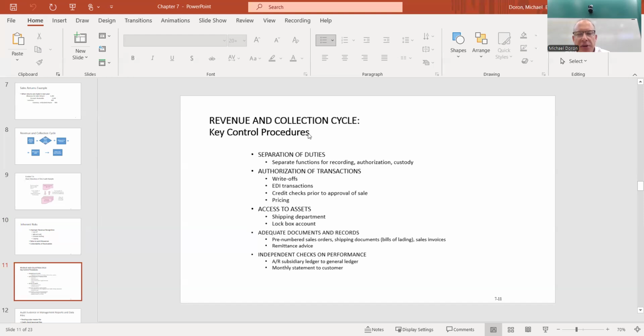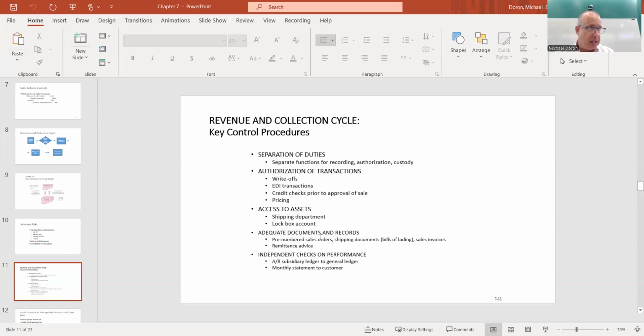Okay, key control procedures. Again, what the textbook is doing here, we take all the basic principles of internal controls and apply them to the revenue account. So you can see here, they've got in all caps all the basic principles of internal control that we know: segregation of duties, authorization of transactions, access to assets, adequate documents and records, and independent checks on performance.